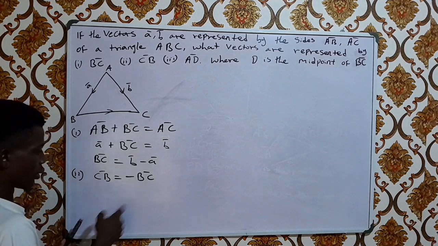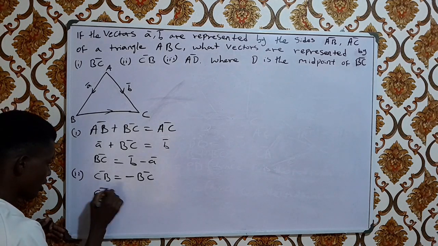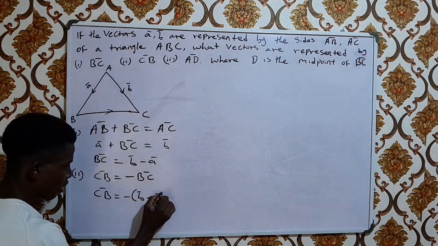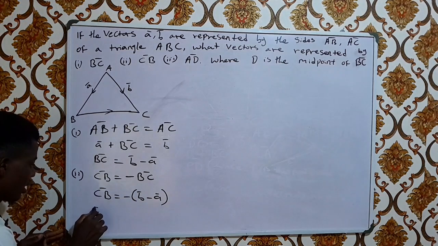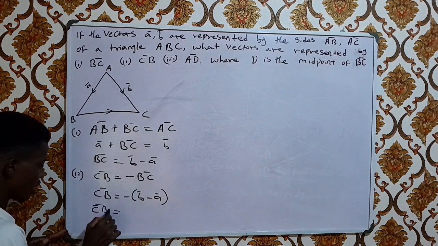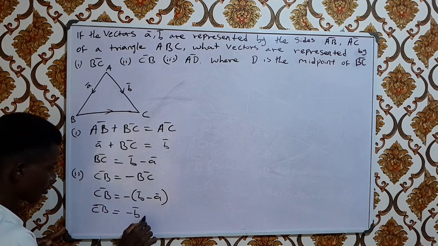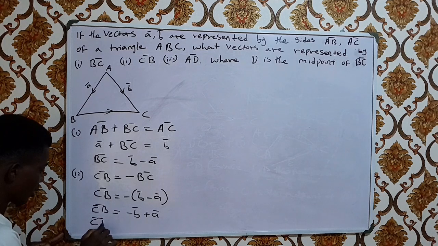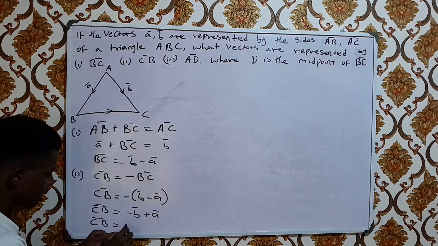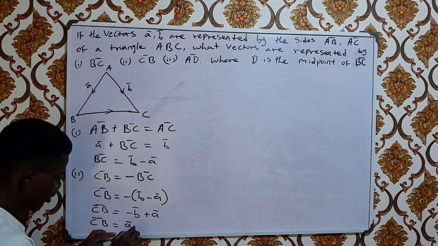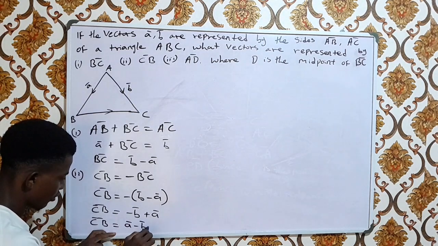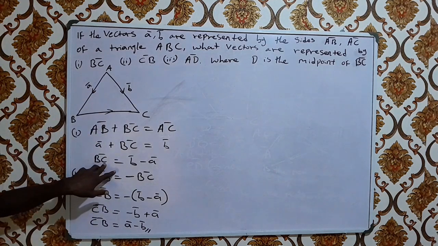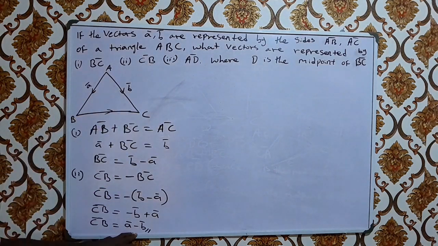If CB is equal to minus this, we can now say that CB is equal to minus open bracket vector B minus vector A. We now say that CB is equal to minus B plus A. So vector CB is vector A minus vector B. And we are done. We have already shown how we get this and how we get this.